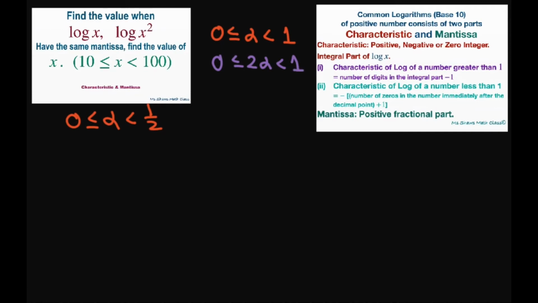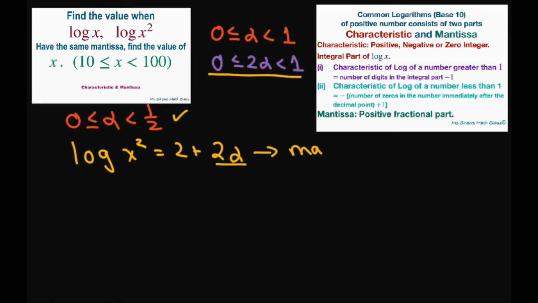Because if you divide everything by 2 here, you get this back. So basically, we know that log of x squared equals 2 plus 2 alpha. Right? And this part here is your mantissa.